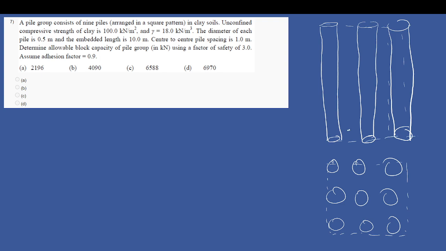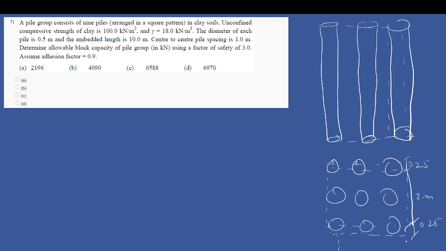So there are basically 9 piles. In the front we will see the 3 piles. So from center to center, if you just check, the total spacing is 2 meter, because between each pile it's 1 meter, and the diameter of each pile is 0.5 meters. So the radius of each one is basically 0.25, and it's 0.25 again.